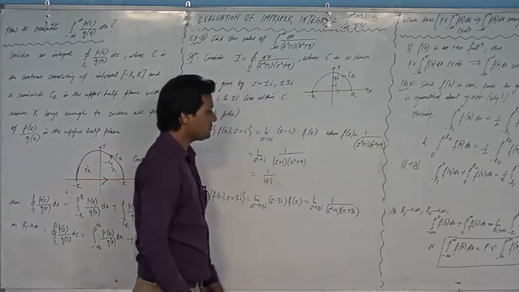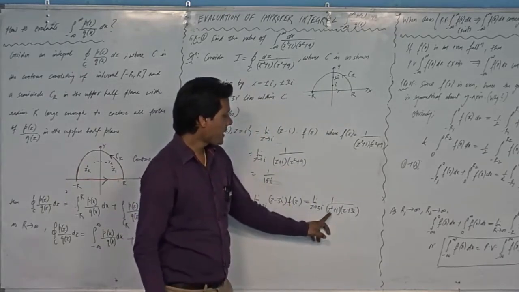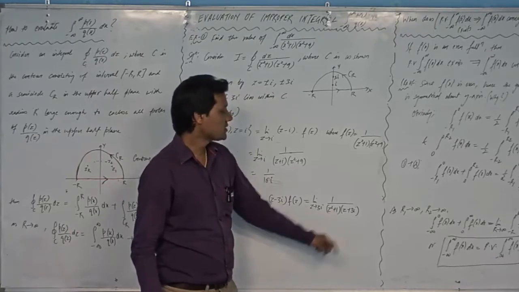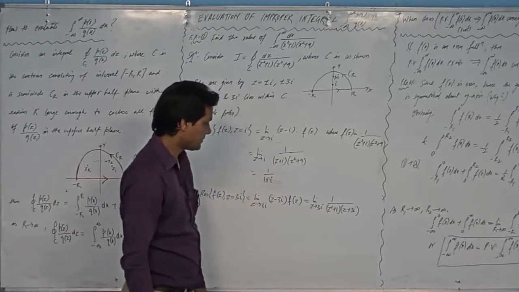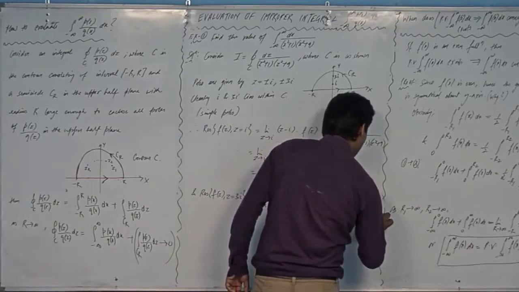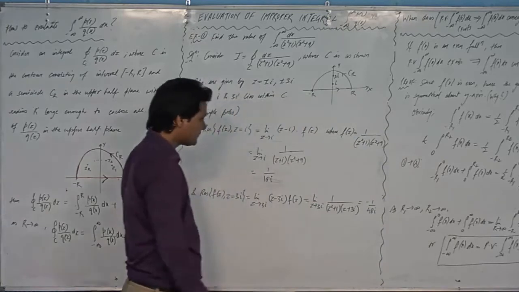On putting 3 iota, we will get 6 iota from here, and this will be minus 9 plus 1, minus 8. So minus 8 into 6 iota, right? It will be minus 1 over 48 iota, I think, right?